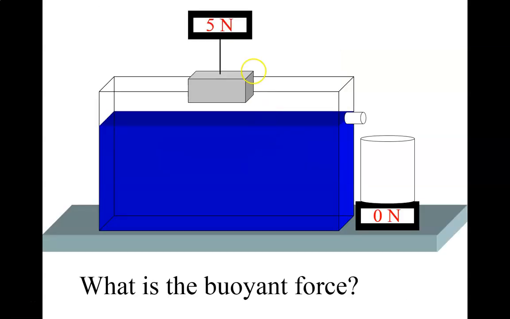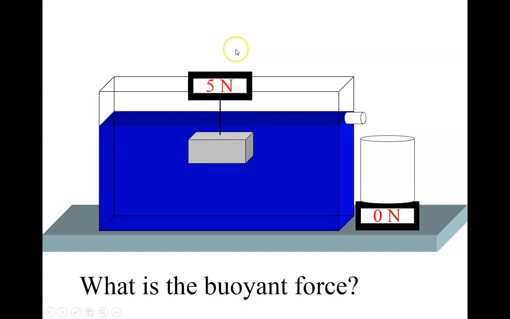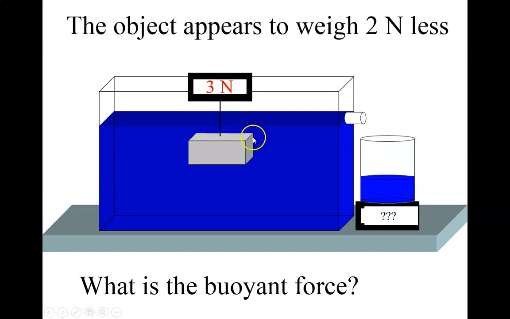This is a simple experiment that we could do, we're not going to, but I've got it on my animation. If I have a 5 Newton chunk of aluminum and I put it in water, the scale reads 3 newtons, and the object appears to weigh 2 newtons less, meaning that the buoyant force is equal to 2 newtons.